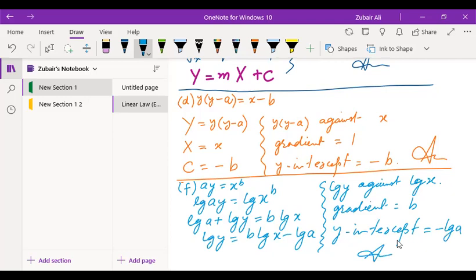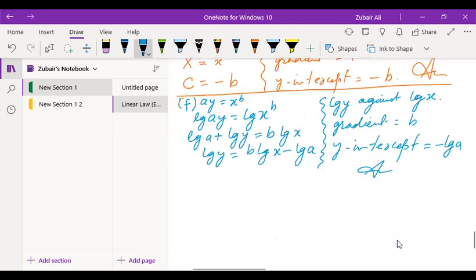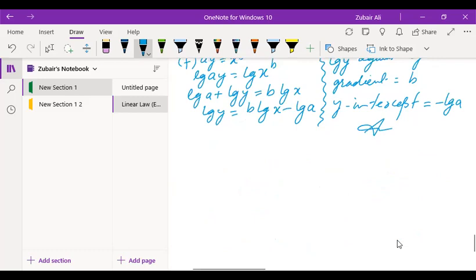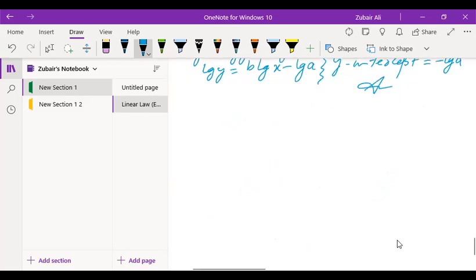Okay, so now we move on to the new part, or the last part. So that is done.